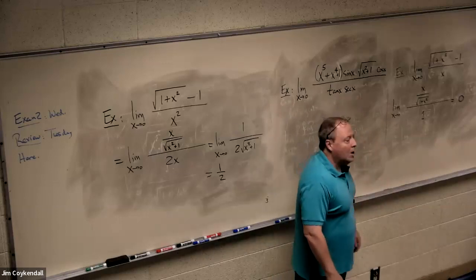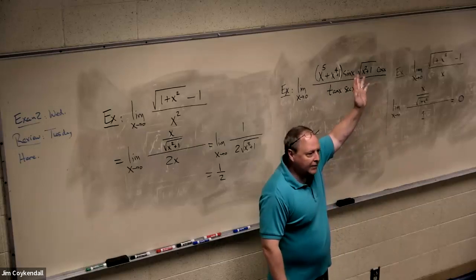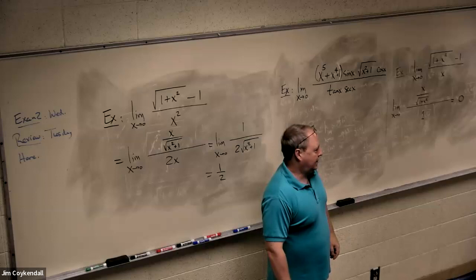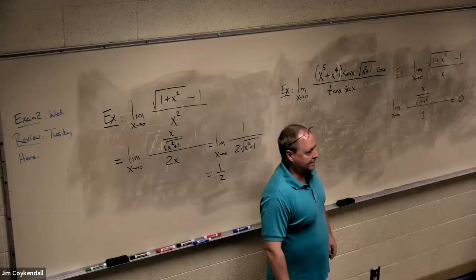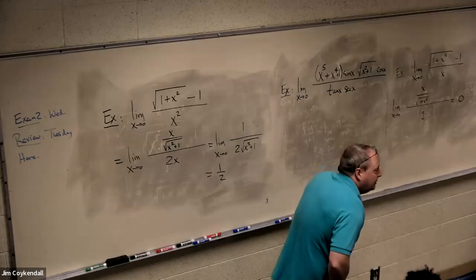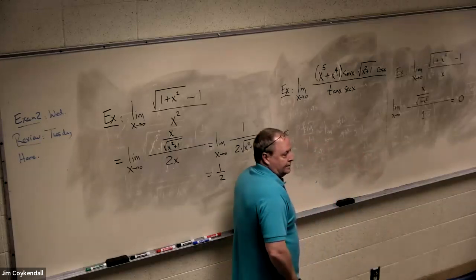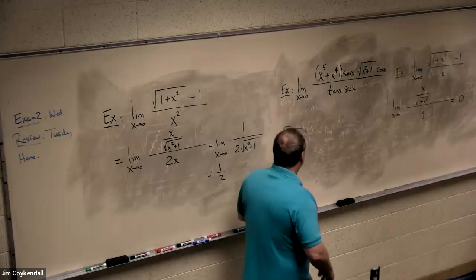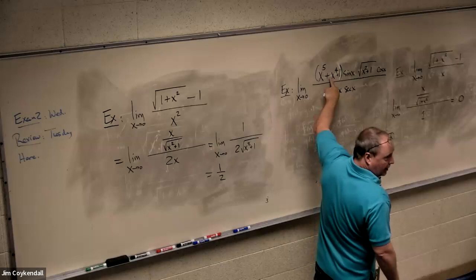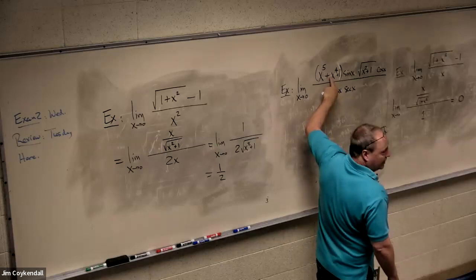You can do what we talked about with L'Hopital. Who wants to take the derivative of the top and the bottom? Nobody in their right mind wants to do this, right? When I plug this in, I got 1, just for this piece up here.